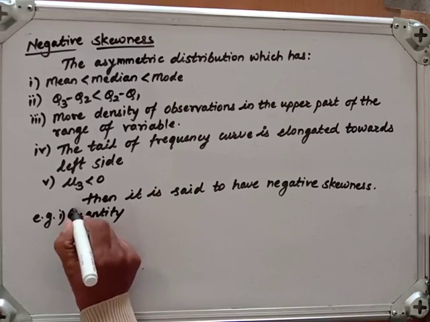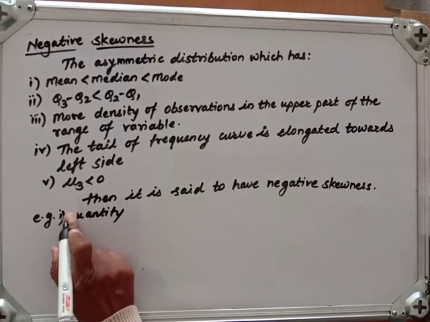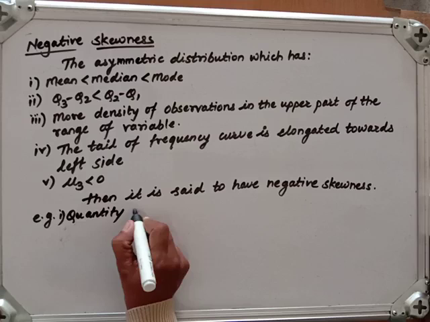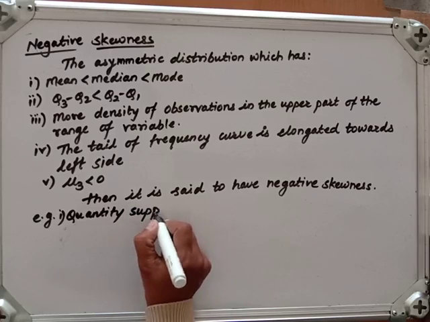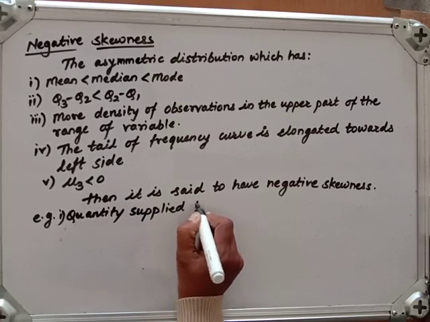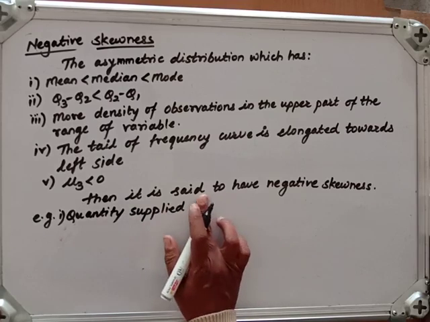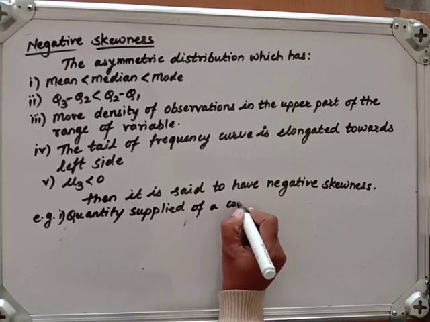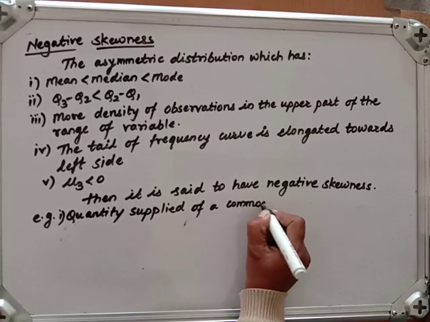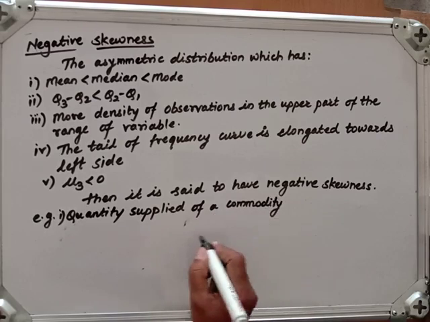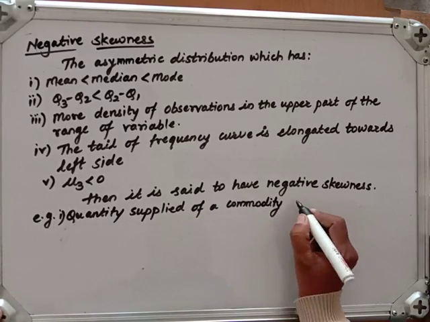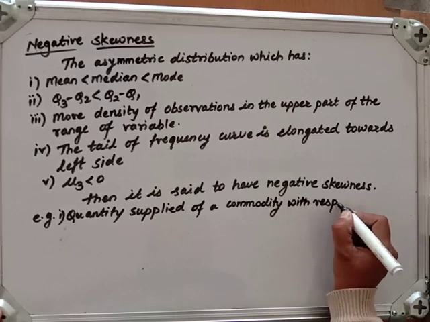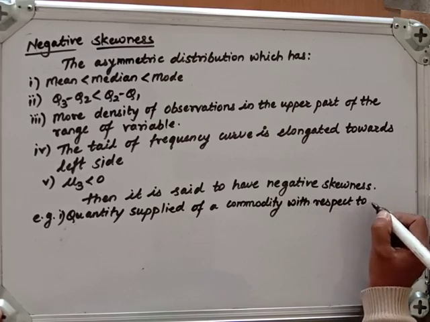First, we can say quantity supplied to or of a commodity means a commodity or the society with respect to price.